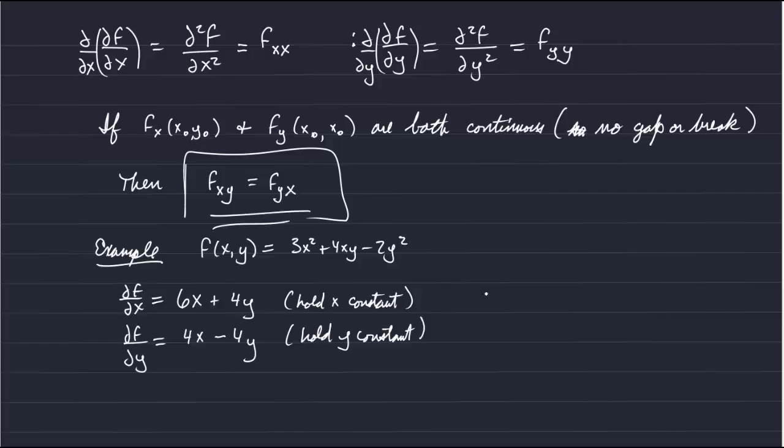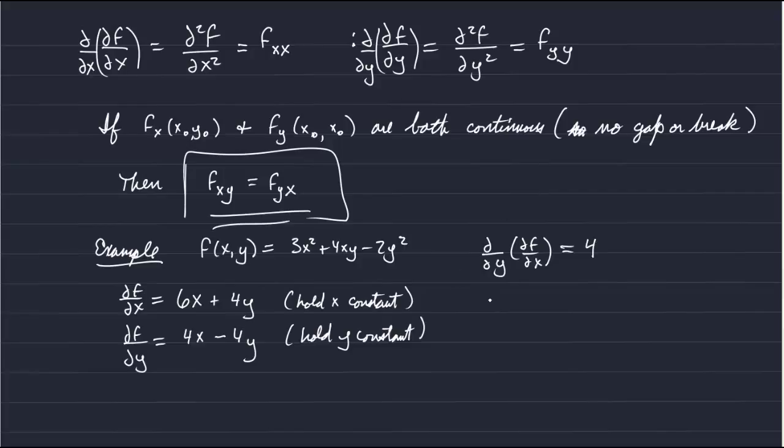And so if we were to take the derivative with respect to y of the partial of f with respect to x, then we can take the derivative of this function, and since we're taking the partial with respect to y, we treat x as a constant, and the only part that varies with y is the second term, and this gives us 4.